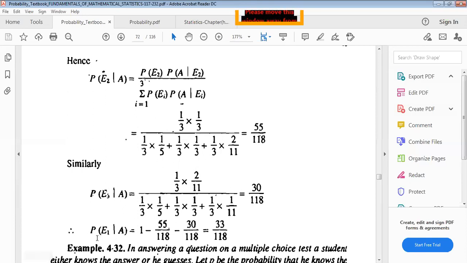And this is for E1. The total probability is 1. But if we subtract this probability and this probability, then it will represent the probability of the third urn. Just taking minus. Or any other way we can use this formula also.